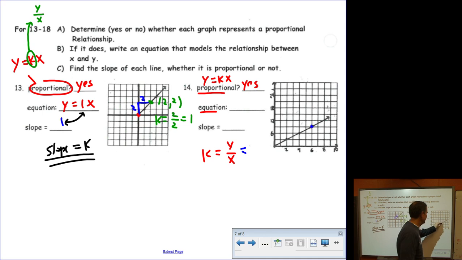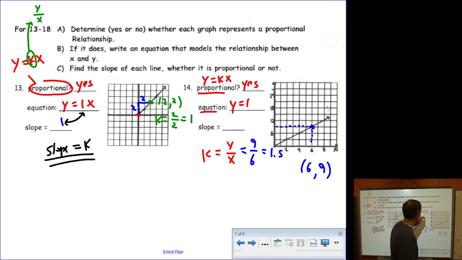This point right here is actually the point 6, 9. So this would be 9 over 6, or 1.5, making the equation y equals 1.5 times x.